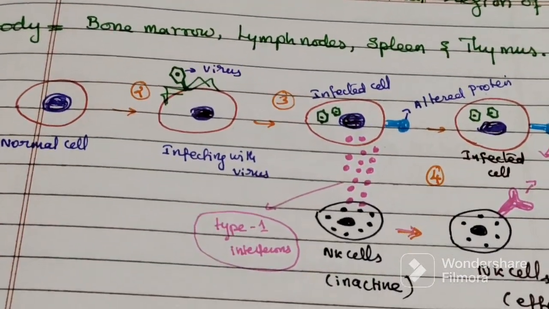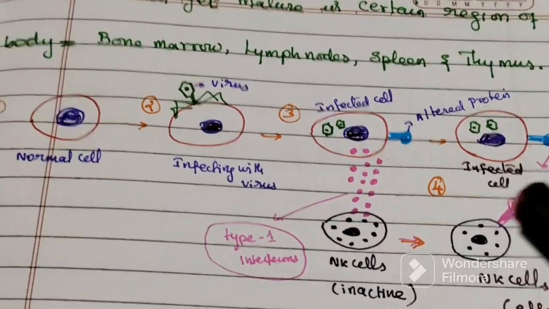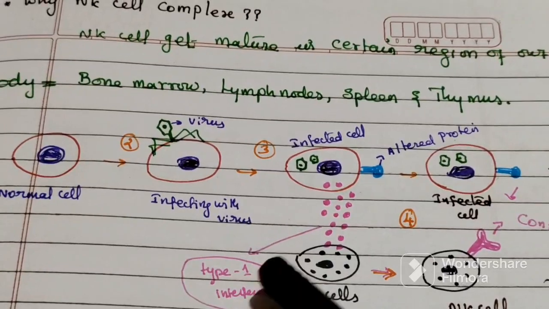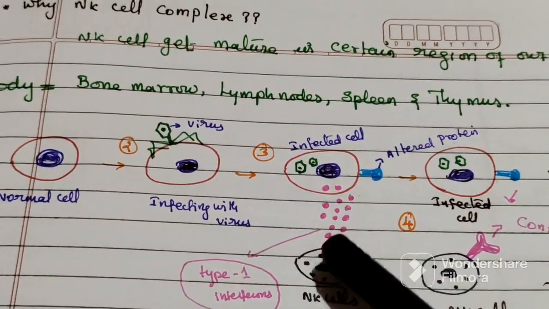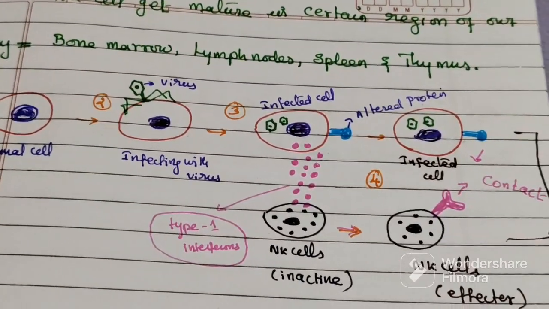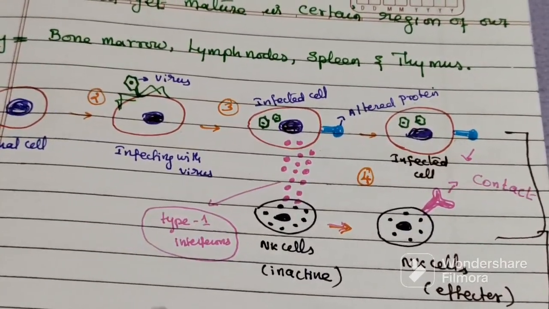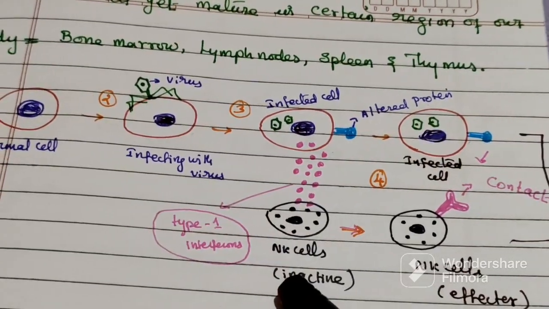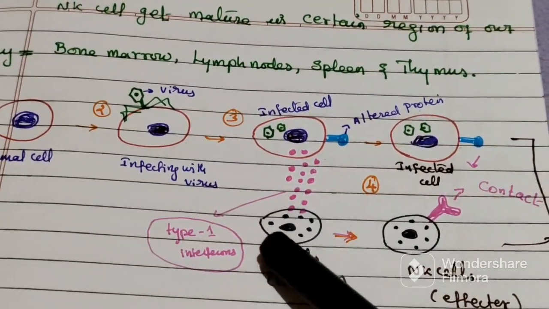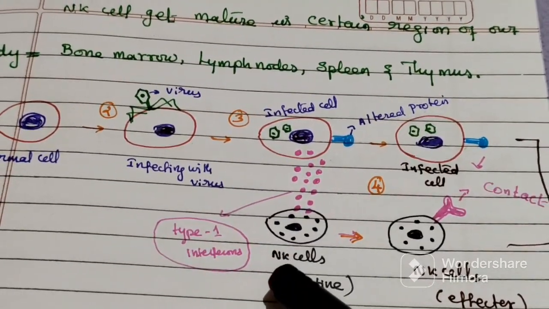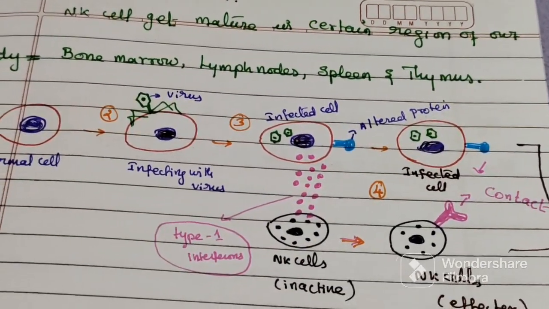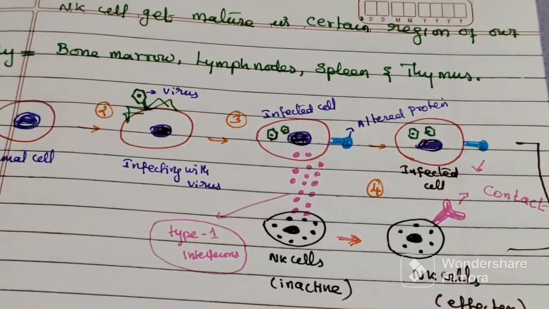It will help to activate the NK cell. Normally the NK cell is present here, and the interferon released by the infected cell helps activate it. This is the NK cell in its inactive form. Once the NK cell receives type 1 interferon, it is immediately converted into its active form, which means effector NK cells.